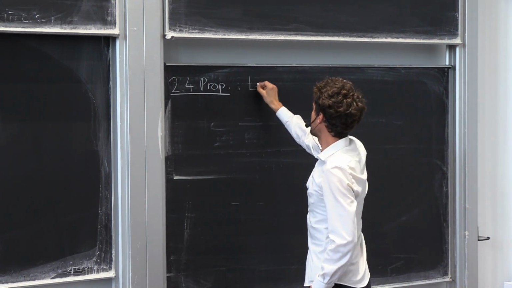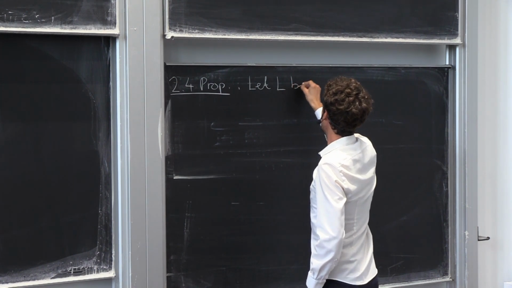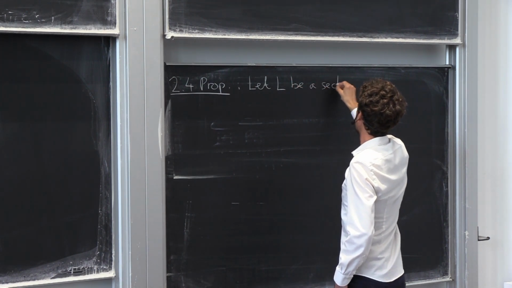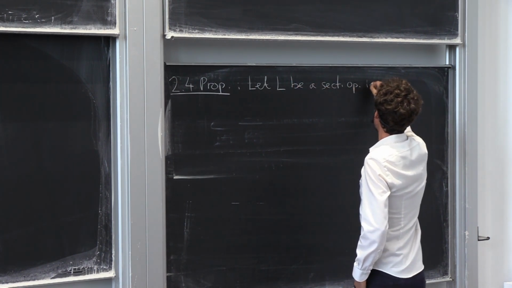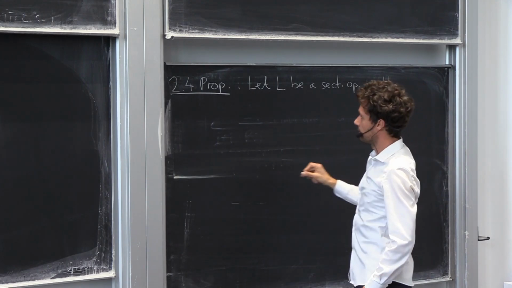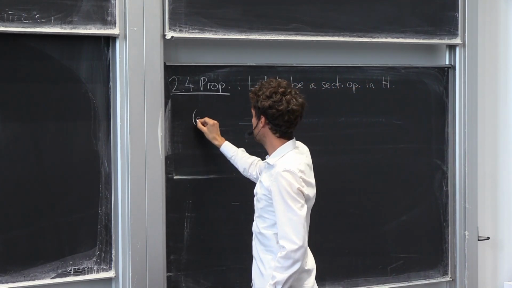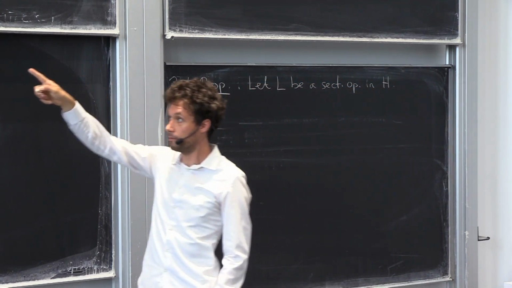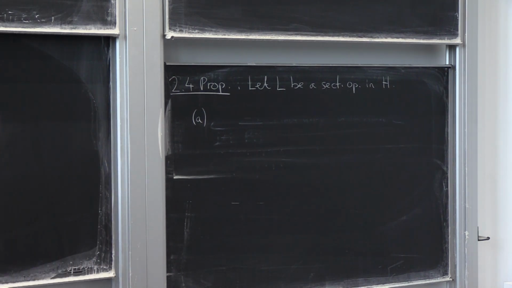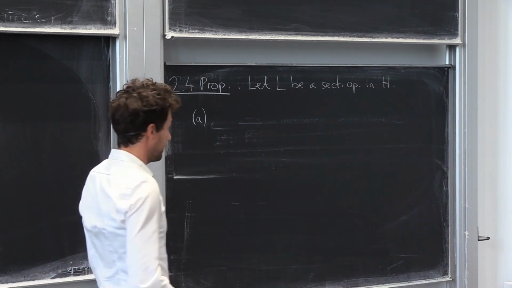So let L be a sectorial operator in H. And now I'm going to put a list of properties down that just follow from the location of the spectrum and the accompanying resolvent bound, and we're going to prove them one by the other.